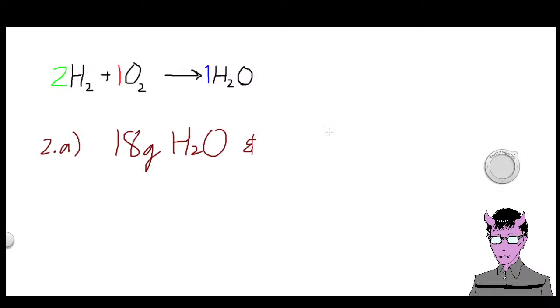Given that we have 18 grams worth of hydrogen, and we have 320 grams worth of oxygen, the question is, how many grams of water can we generate?